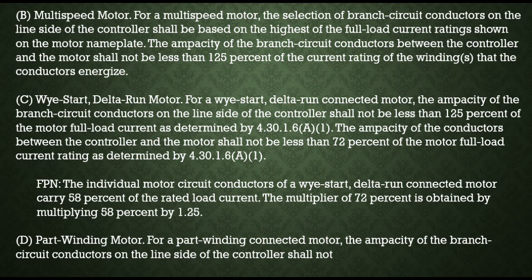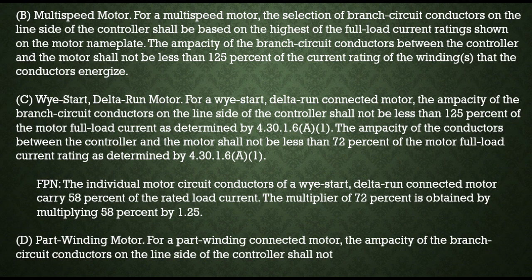So for this slide, it addresses conductor sizing for different motor types. B is multi-speed motors. Use the highest full load current from the nameplate. And for Y-start delta run motors, conductors on the line side should be 125% of the full load current, while those between the controller and the motor should be 72%.